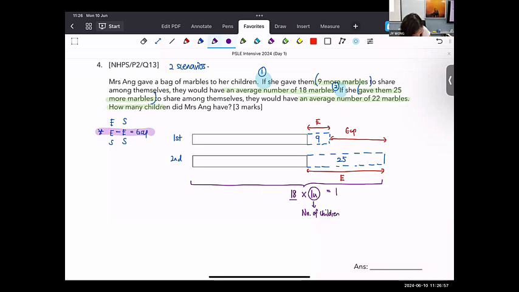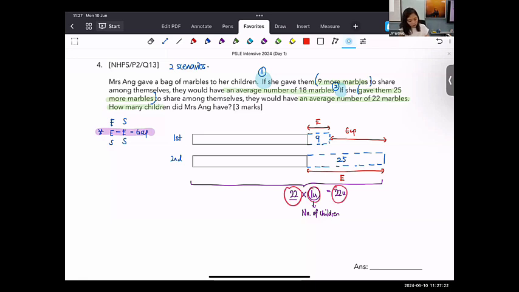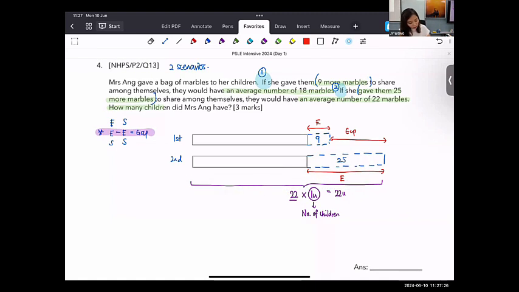Sorry, I wrote it wrongly. 18 is for the first scenario; this should be 22, because the average number of marbles each child gets is 22. So I multiply by the number of children, and this will be all the marbles the children get, including the 25 more.